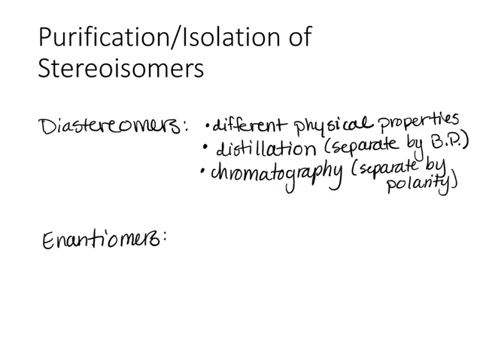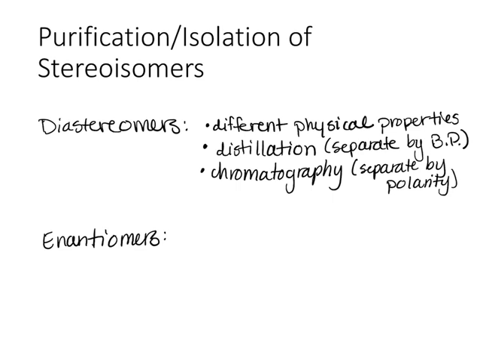So for instance, if one molecule is more polar than another, you can take advantage of its polarity and run it through some sort of medium that is also polar. So then the polar compounds are going to stick to the polar medium, and the less polar compounds will just keep moving through that medium. So you could separate something that way.